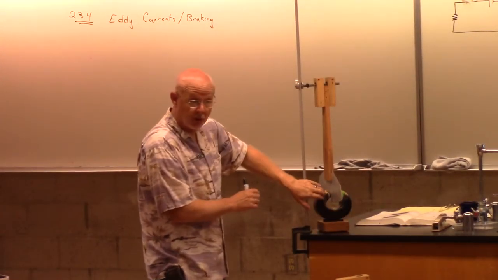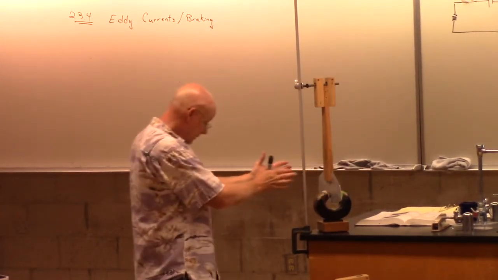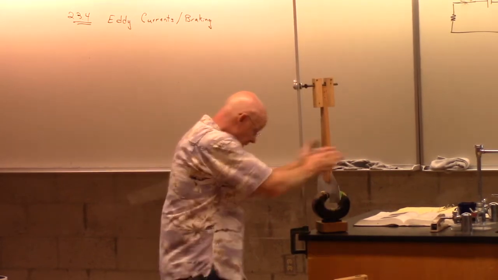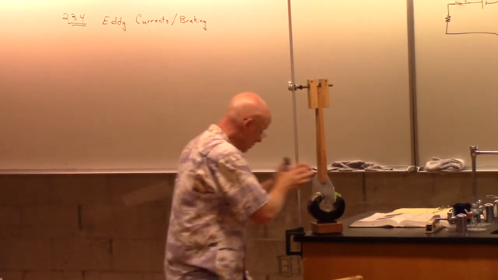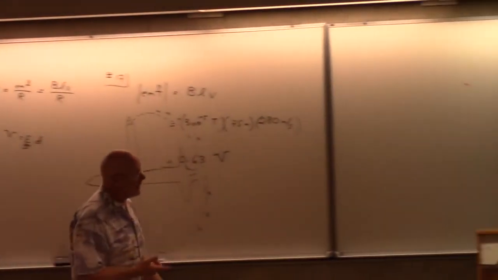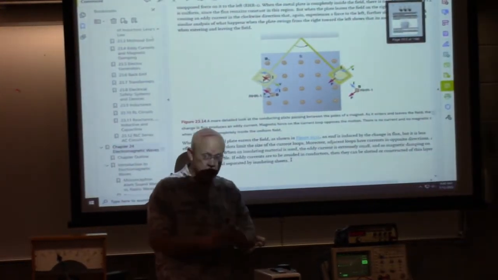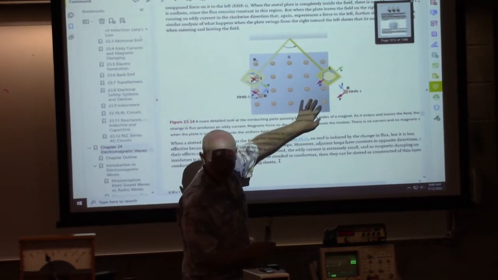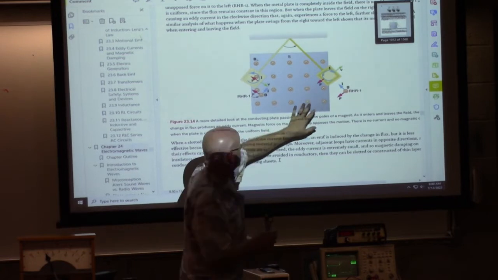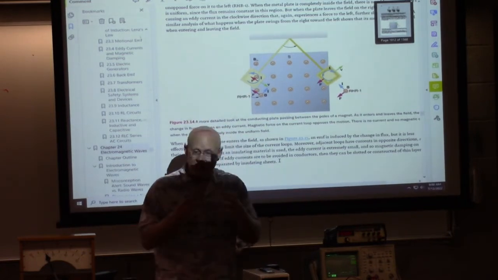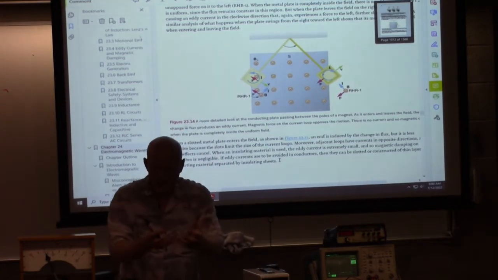So this is the North Pole. This is the South Pole. So the magnetic field would be going inward. Okay. And so as it goes in, from the primary, the primary are these little X's going in, the flux is increasingly inward.